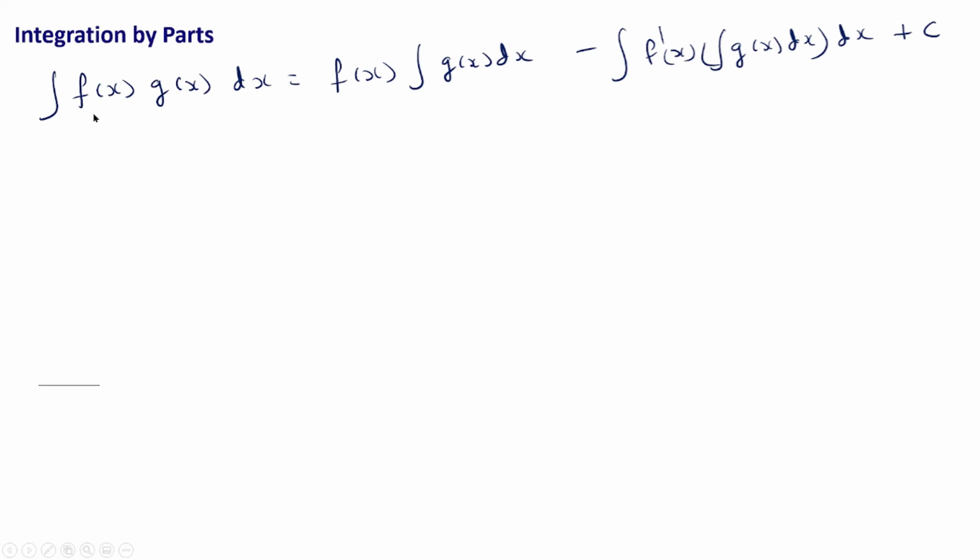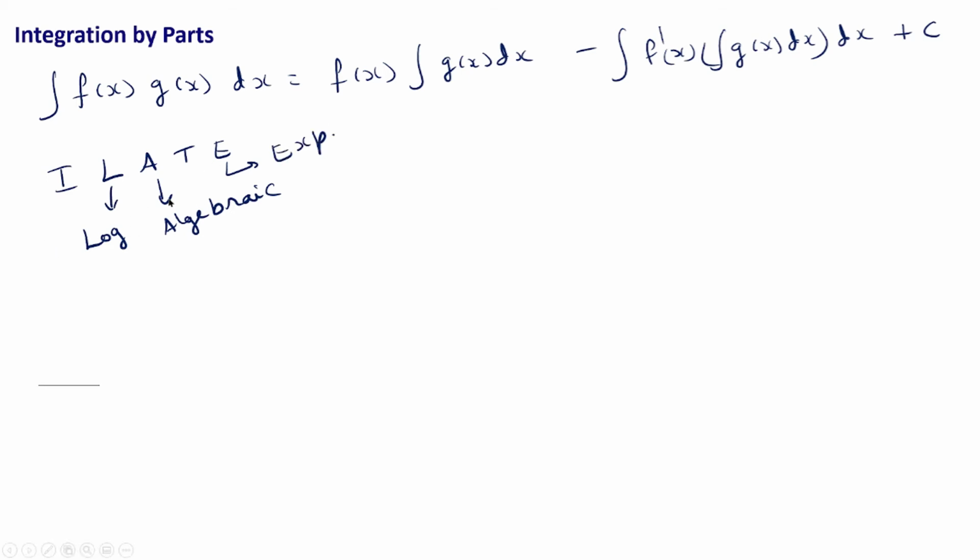Now which function should be taken first and which function should be taken second? It is based on the rule given by ILATE. Here I represents inverse trigonometric functions, L represents logarithmic functions, A represents algebraic functions, T represents trigonometric functions, and E represents exponential functions.